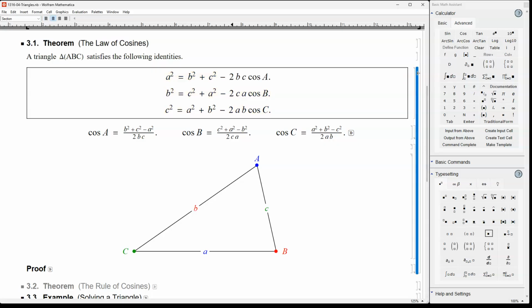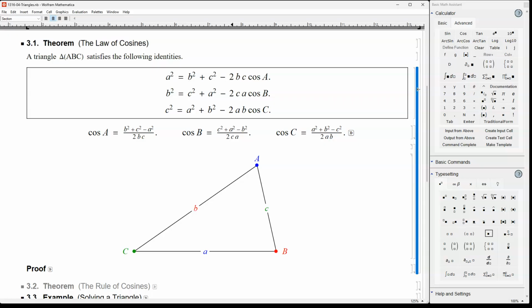In general, of course, we have the cosine of the angles. So you can regard the law of cosines as a generalization of the Pythagorean theorem, except that this works for arbitrary triangles, not just right triangles. The right triangle is a special case when an angle is 90 degrees, so the cosine is 0 and this part just drops out.